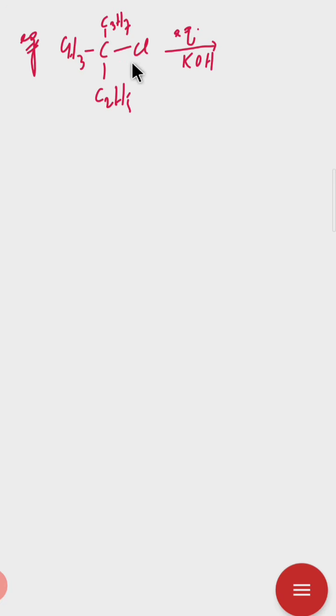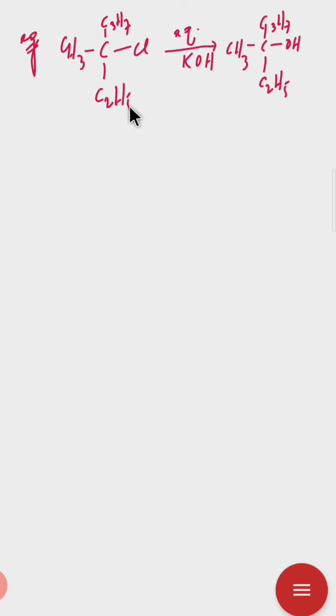This is our methyl group, this is ethyl group, and this is propyl group, C3H7, and to this tertiary carbon atom one halogen is attached. If it is reacted with aqueous KOH, this Cl will be substituted by OH minus ion, and K and Cl will become KCl. So let me write the mechanism of this reaction.